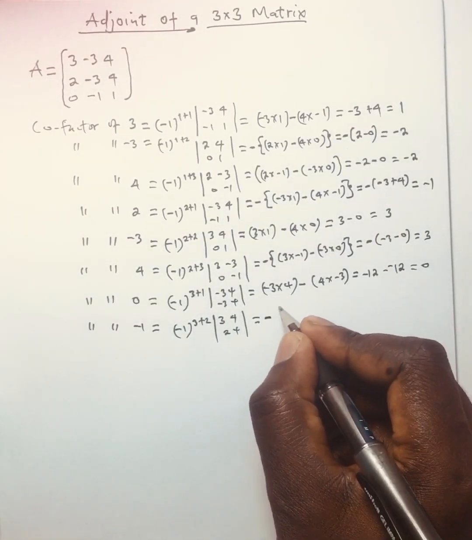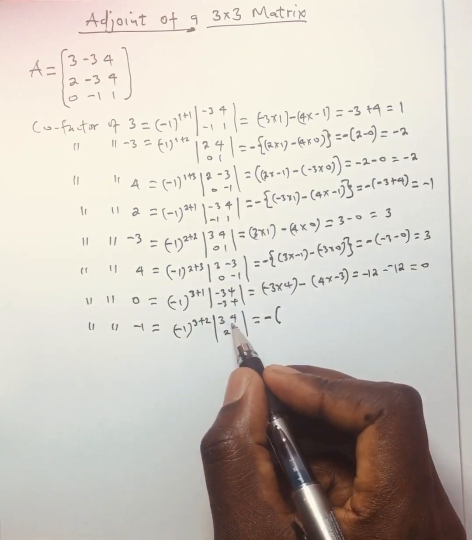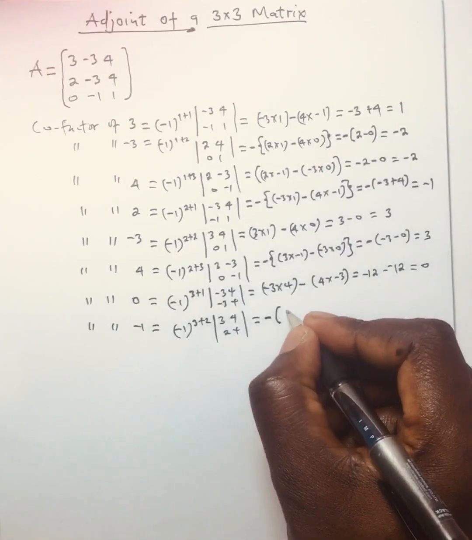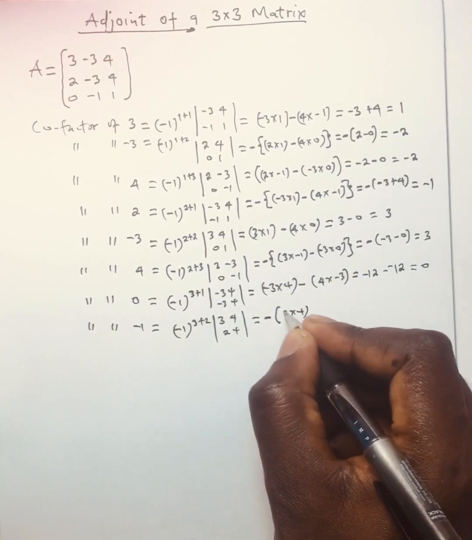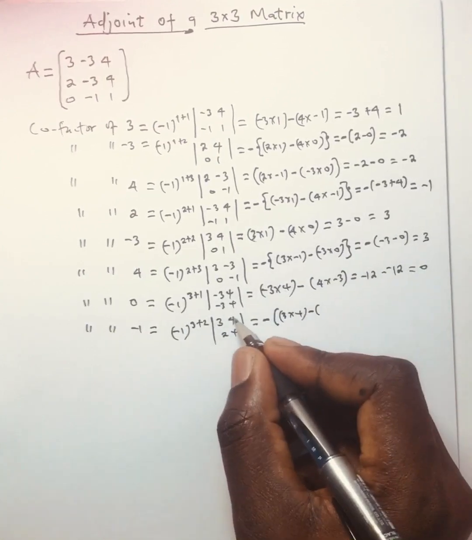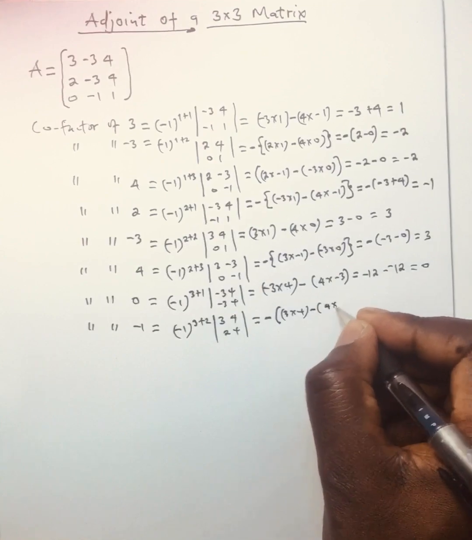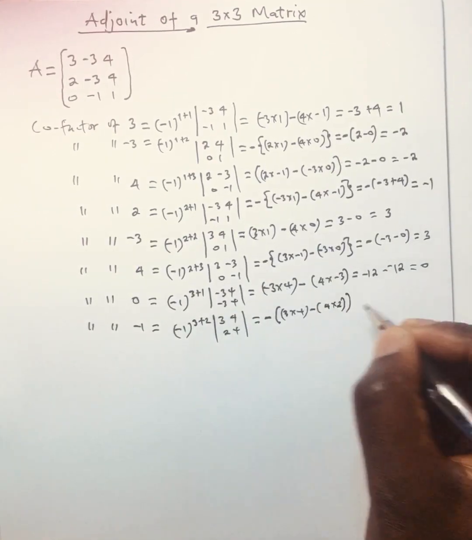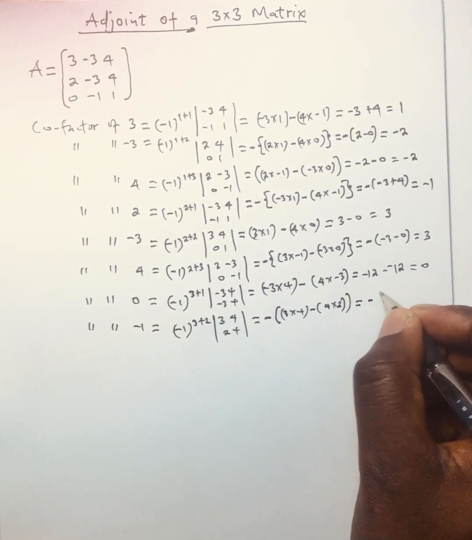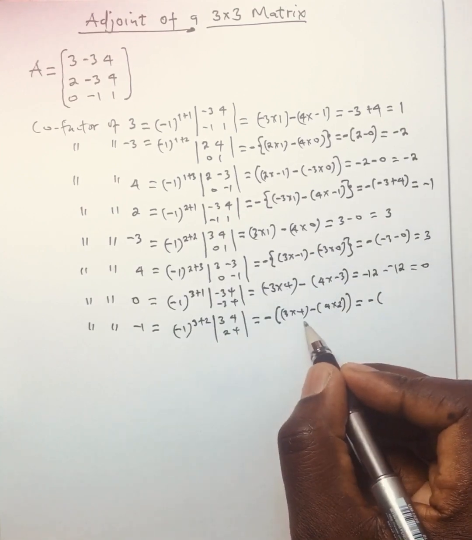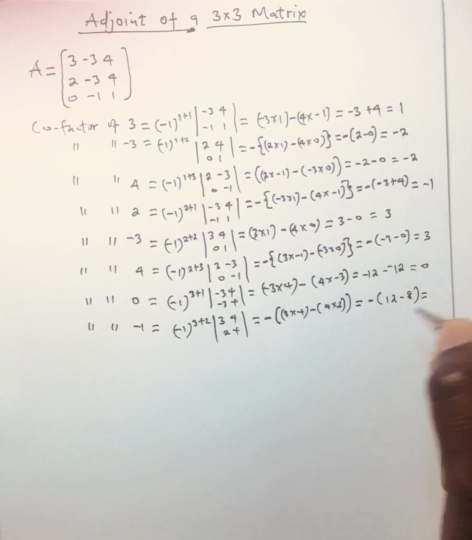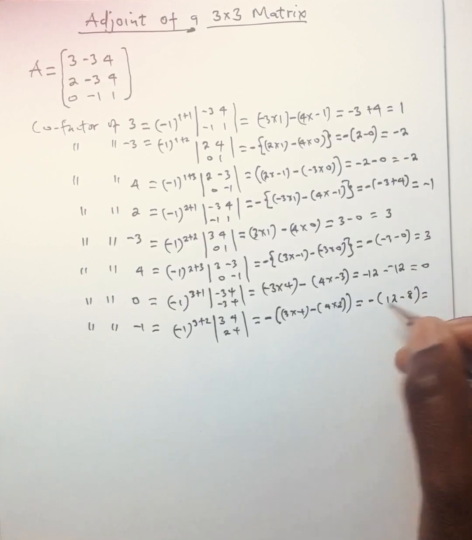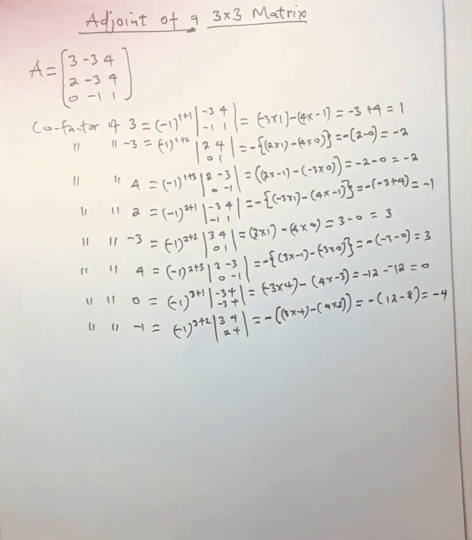So you have the negative of 3 times 4 minus 4 times 2, that is 12 minus 8, which is 4. Then there's a negative, so that is negative 4.